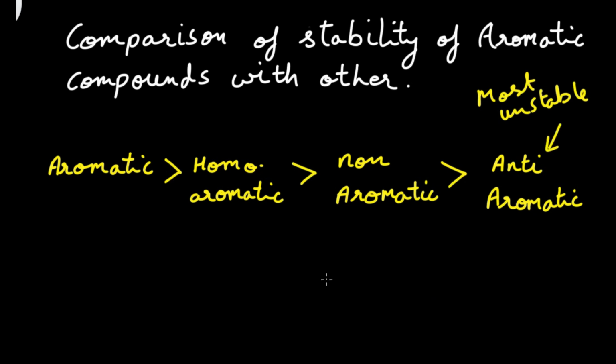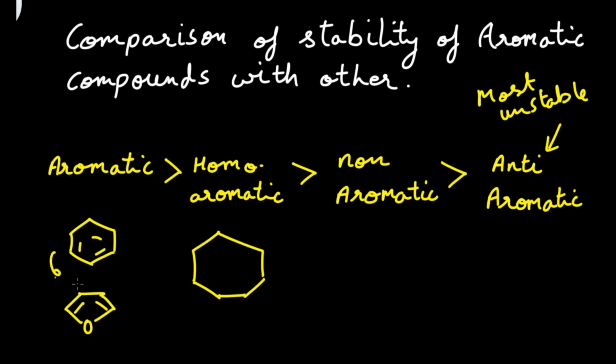Now what are aromatic compounds? We will take some examples to understand what kind of compounds come in which category. Aromatic compounds, we all know the conditions, and we will take benzene, or you can also take furan, right? These are aromatic compounds. Now what are homoaromatic compounds? These kinds of compounds are homoaromatic compounds.